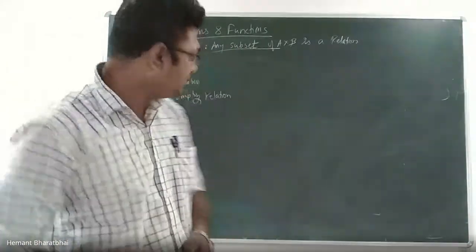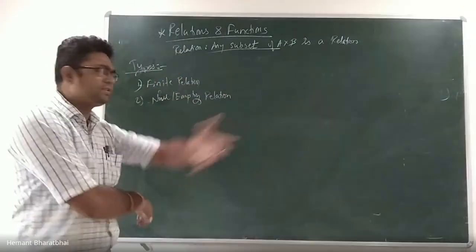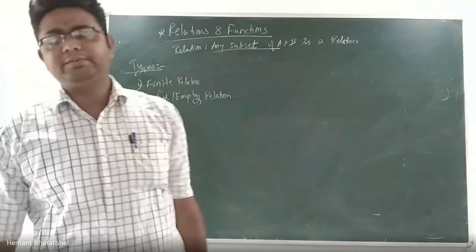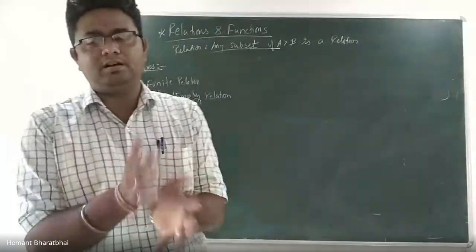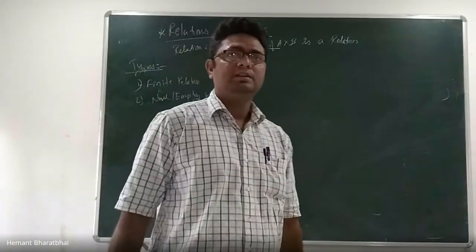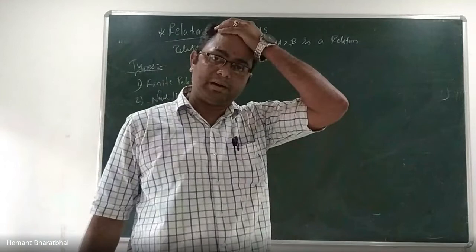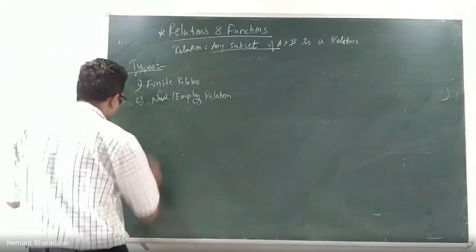A null or empty relation is where no relation exists, which means there is no element in the relation. So this definition we have just carried forward from there. Apart from that, we are going to study some more types of relations.